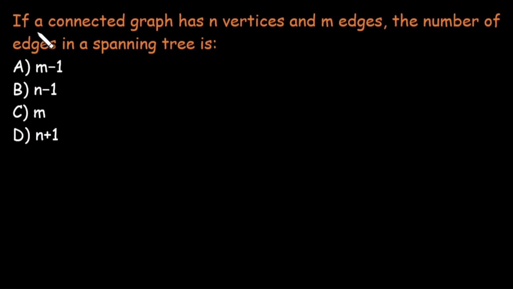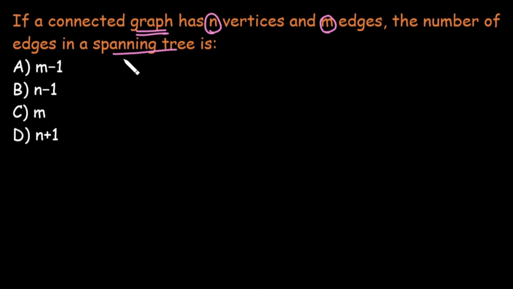Next is, if a connected graph has n vertices and m edges, then the number of edges in a spanning tree. Now suppose we have any graph, we can obtain a spanning tree. Spanning tree means we need to find a tree from the given graph and it must contain all the vertices of the graph. That is called a spanning tree.